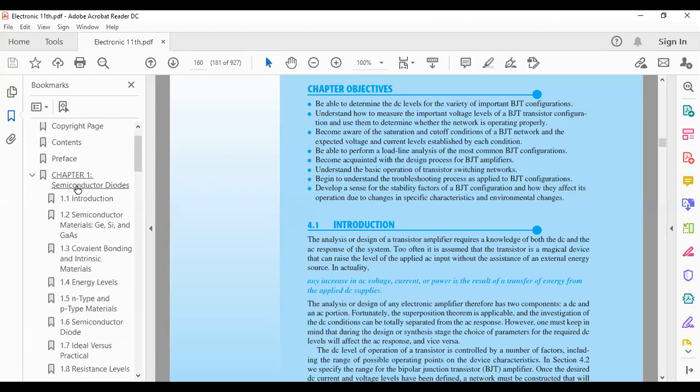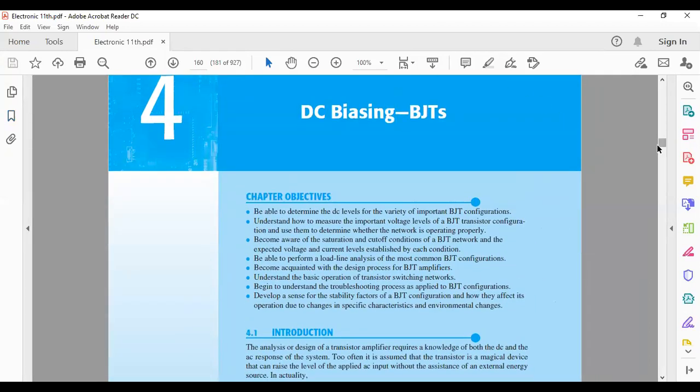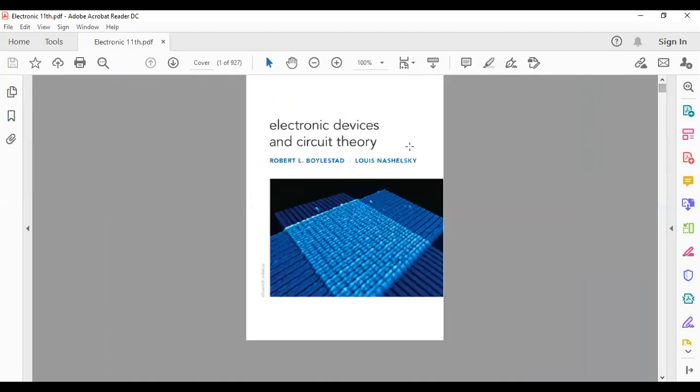What is the name of the book, sir? Please tell us again. This is the book, and the soft copy is already shared by me. Sir, we'll share the link in the mechanical room. Okay, thank you.